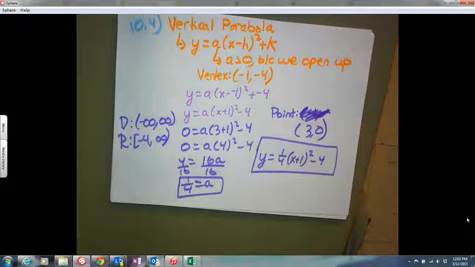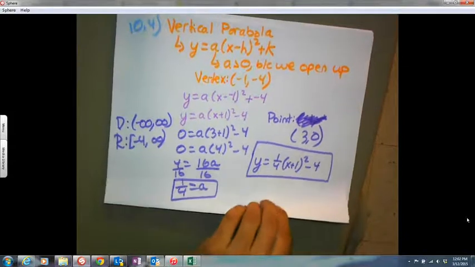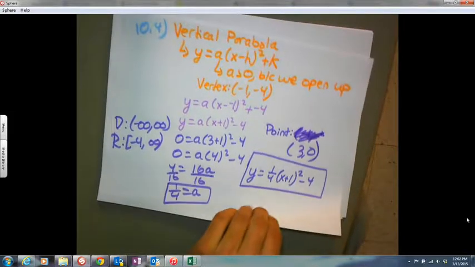So I'll go now to number 10 in section 11, so right below it. This is the one where they give us the vertex and the y-intercept, and they want us to get the equation.